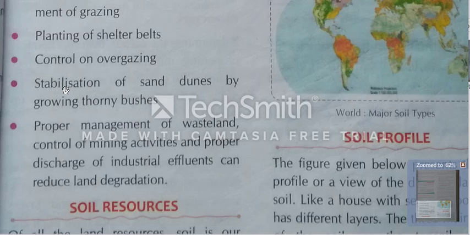Sand dunes means we can say sand hill, SAND, sand hill, HILL, hill means रेत का टीला, रेत, sand, okay, by growing thorny bushes. By we can grow thorny bushes.